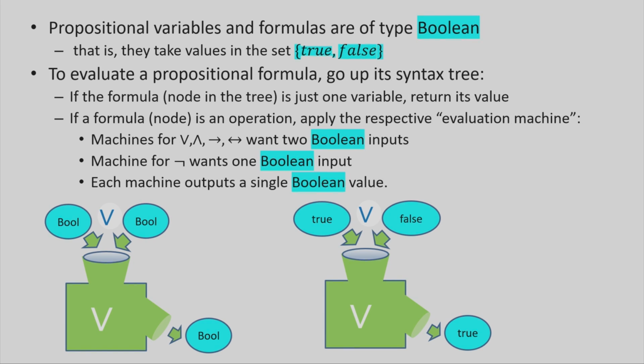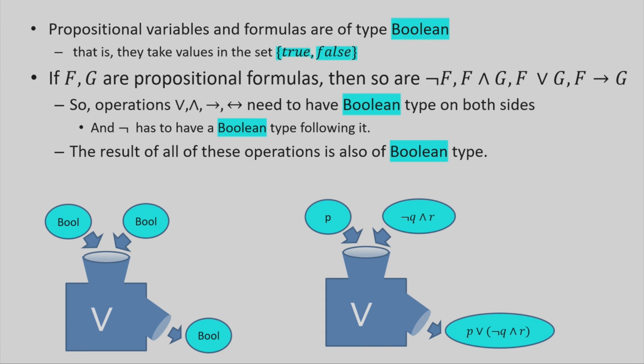We could kind of switch it around and think about a builder machine, a construction machine. That's the machine that doesn't really evaluate things, but it constructs formulas. So if you have a syntax tree and now you want to convert it back to a formula, when you want to write it down, you would use this construction machine. And here's how it works.